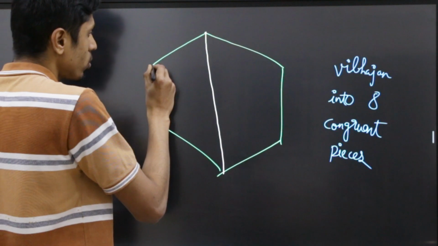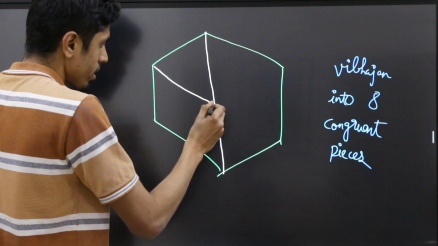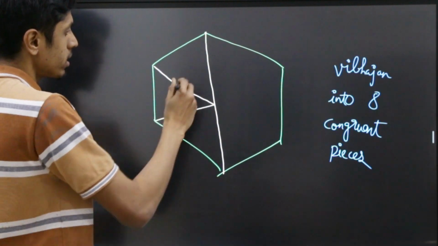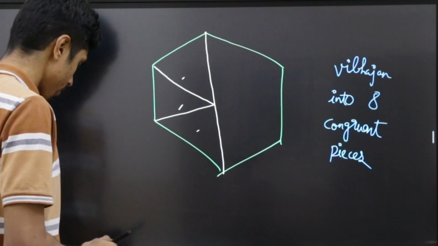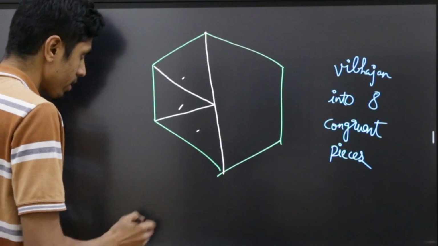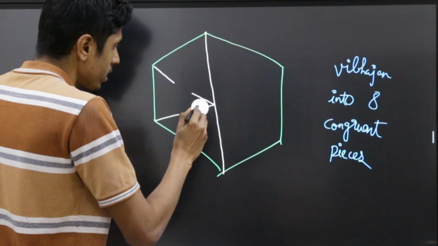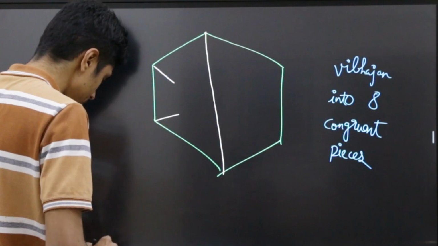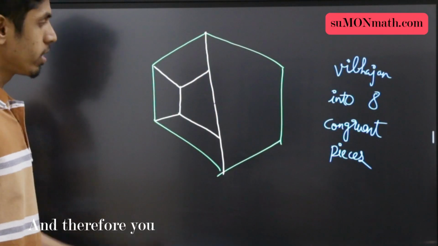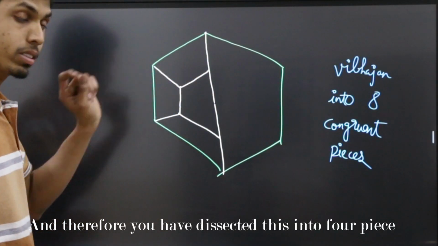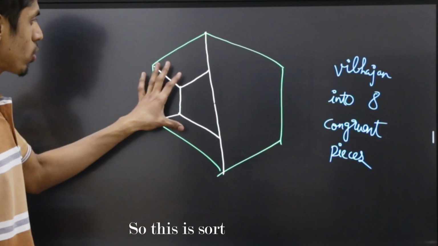So this could be one possible idea. But this generates only 3 pieces. We need to add one more. Well, try adding that one more piece like this. And therefore, you have dissected this into 4 pieces. So this is sort of intuitive.